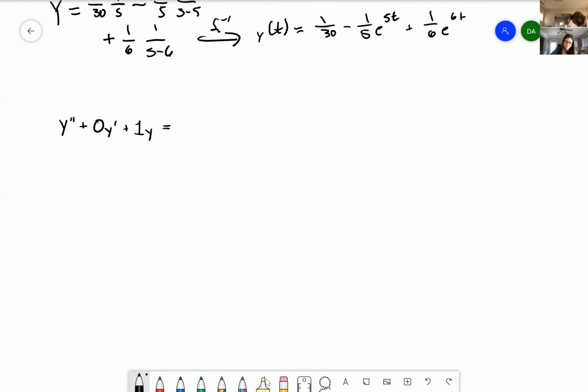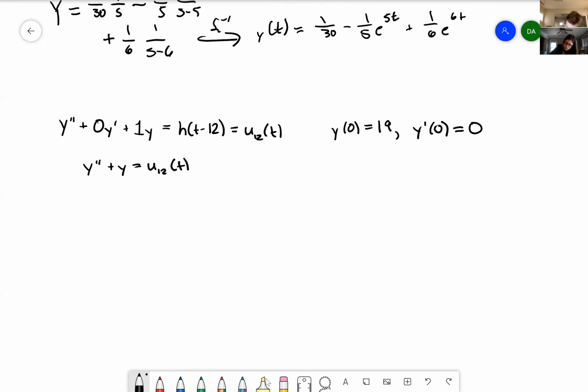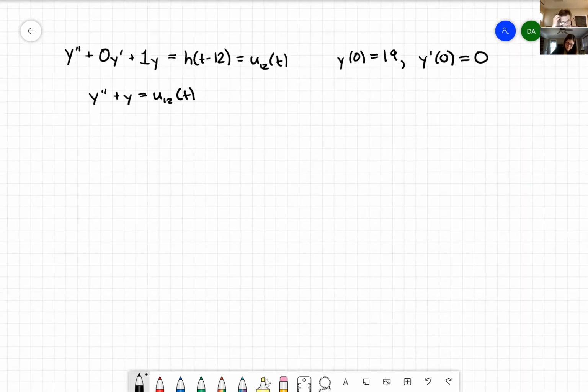Equals h of t minus 12, which is the same thing as u12 in the notation of Paul's Online Notes. y of 0 equals 19, and y prime of 0 equals 0. Unwebworkify that. And what do we get?